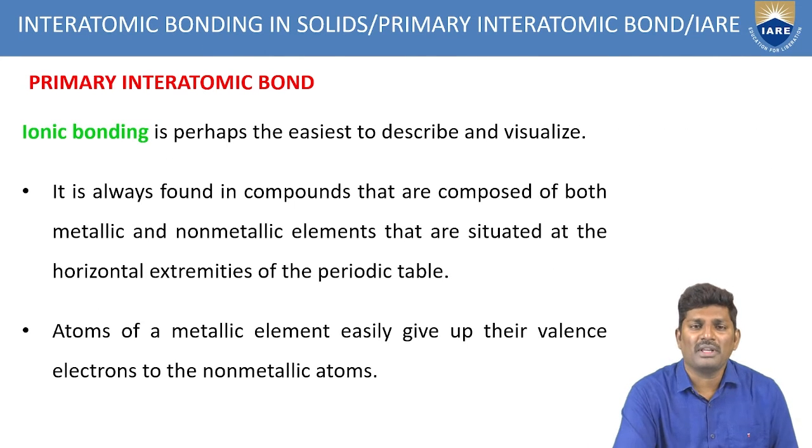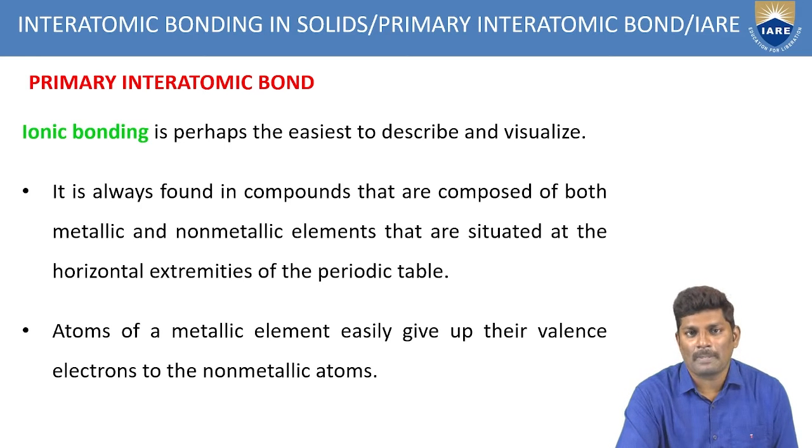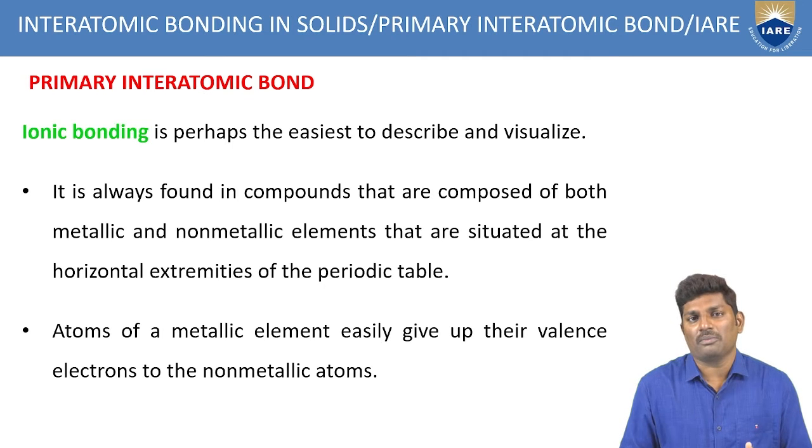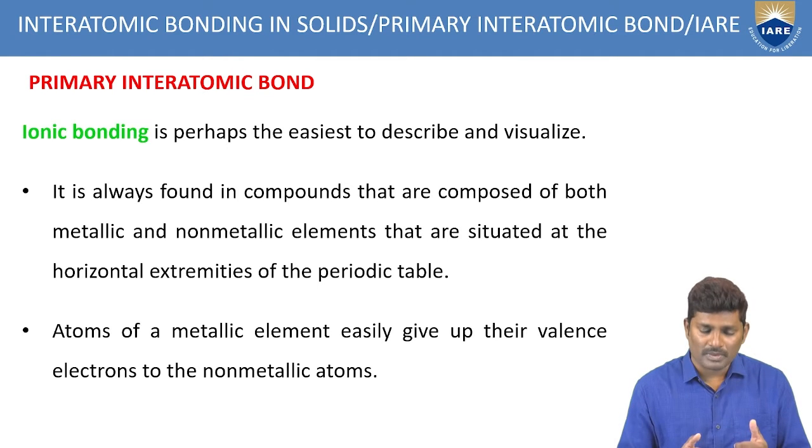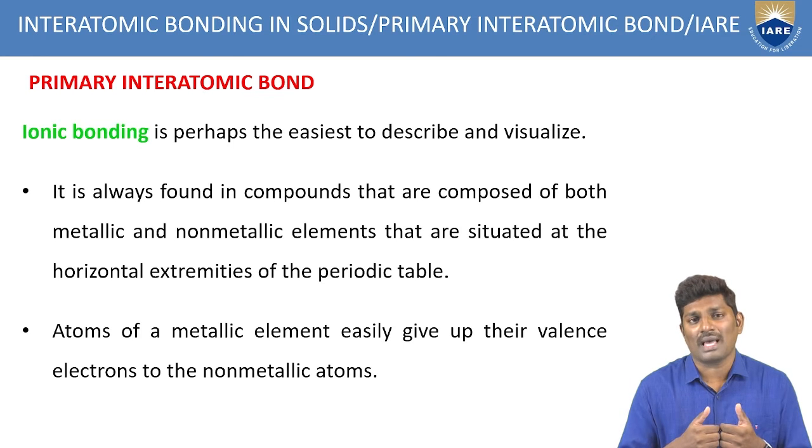In primary interatomic bonding, the first category is ionic bonding. Ionic bonding is very easy to see physically, and we can identify the ionic nature of the bond. What happens in ionic bonding is that when positive and negative charges come very close to each other, there is an attractive force between the atoms.